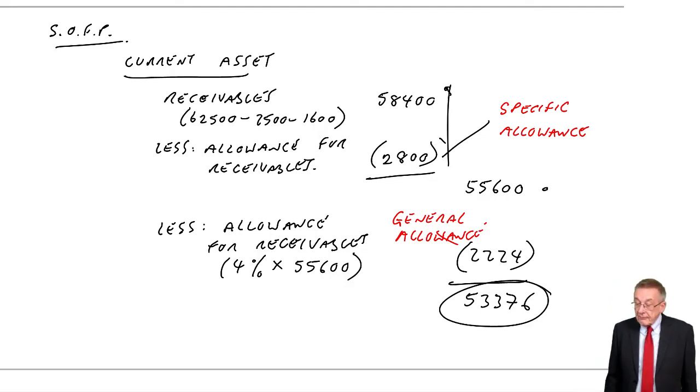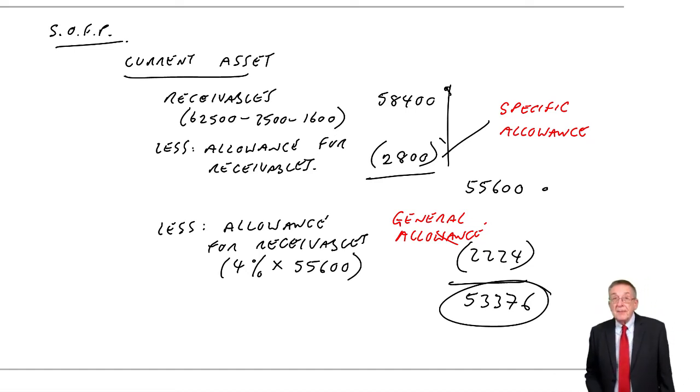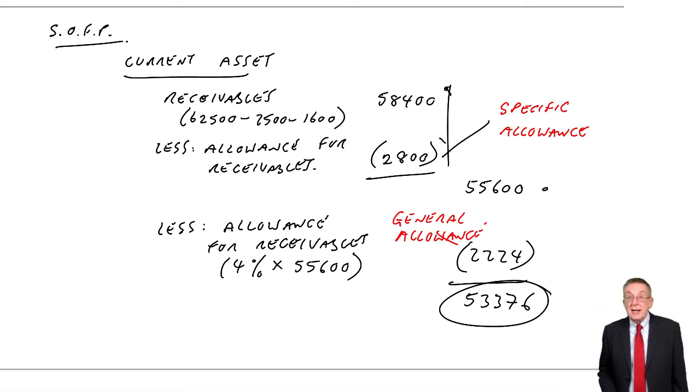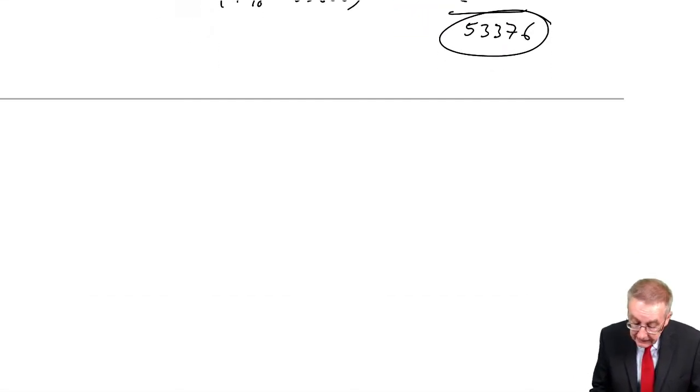Finally, though, in terms of presentation, although for this example the final answer is 53,376. That's the final figure for receivables. The actual way it's presented on the statement, again, it's current assets.